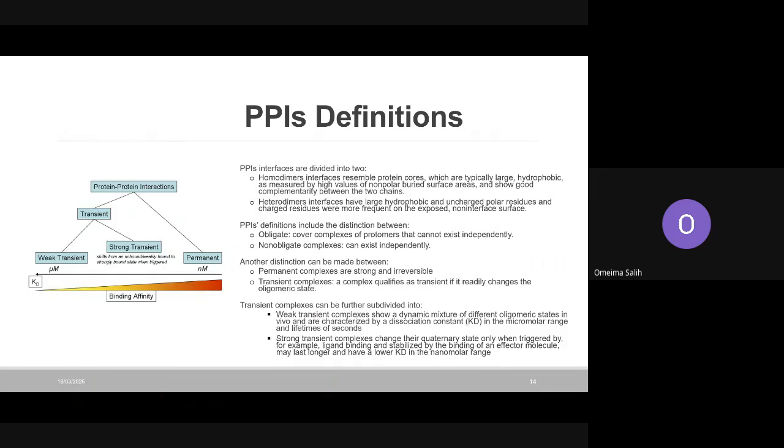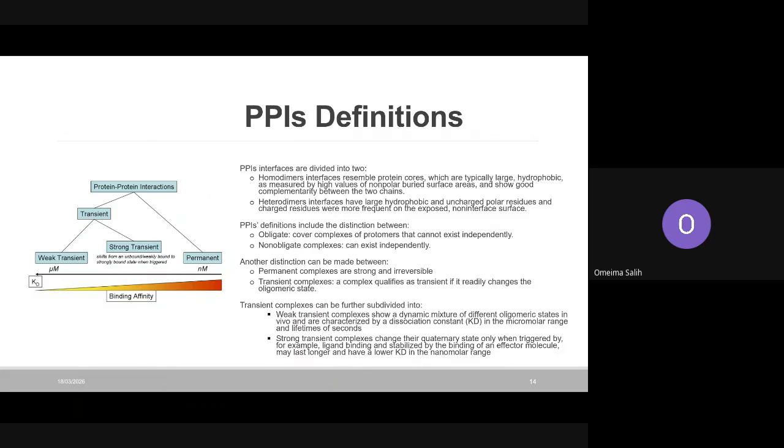That is, they can change in a continuous manner, and this is why they are called transient. For a specific time, then they change their status to a different status, and they might return back to independent status.